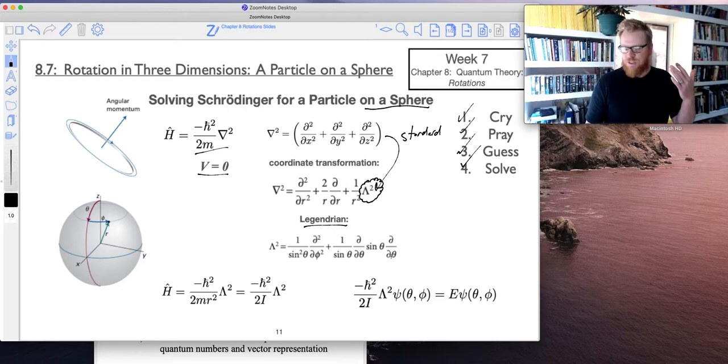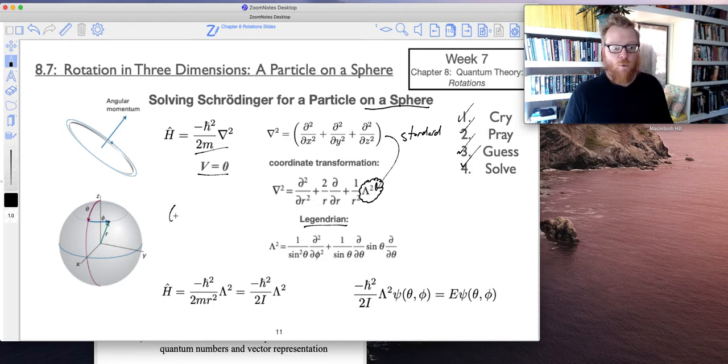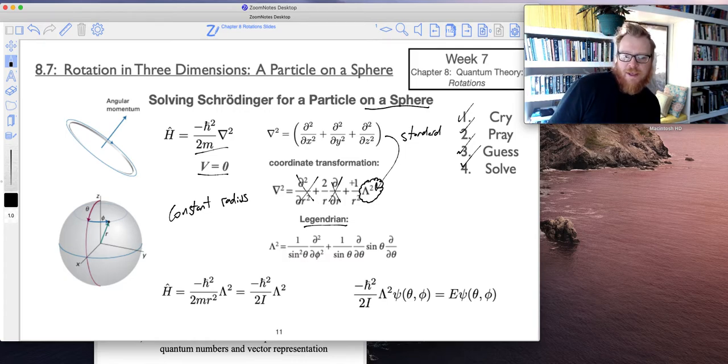So are there any simplifications that we can make? Well, yes. We remember that we have a constant radius, right? So that means all of these terms involving derivatives in r can go away. And now what we get is our del squared is going to be 1 over r squared times the Legendrian squared.